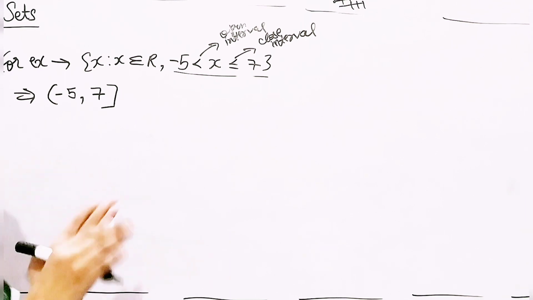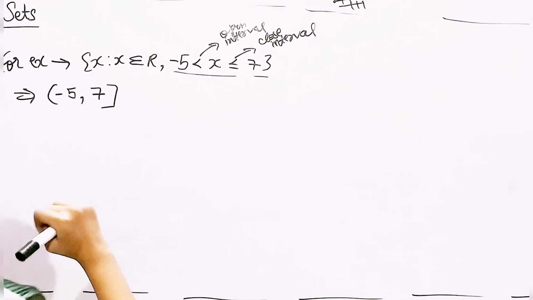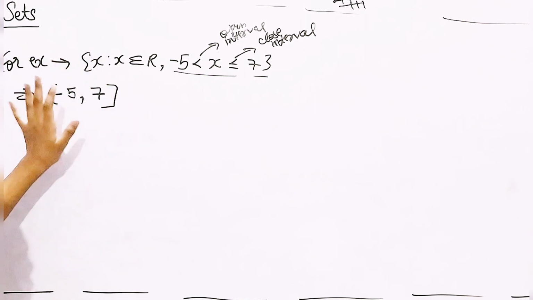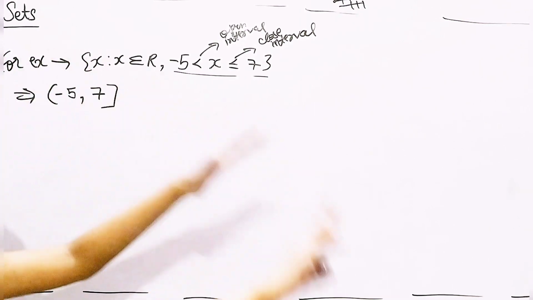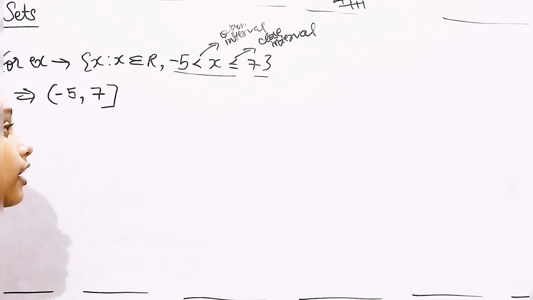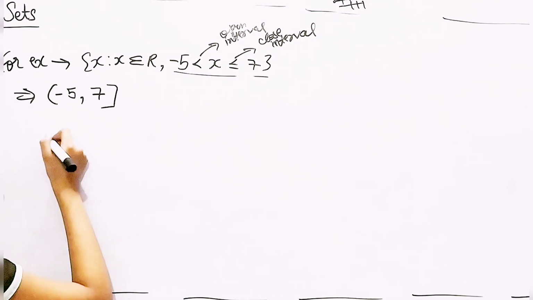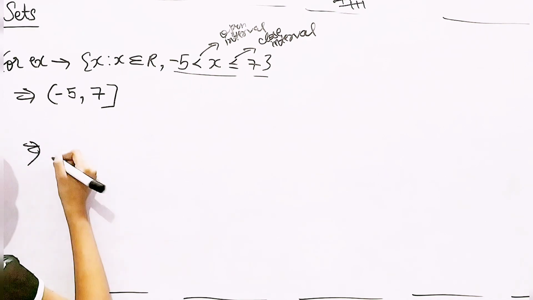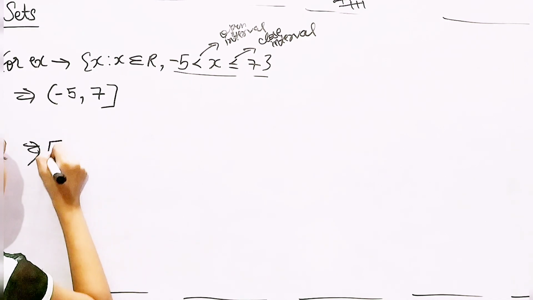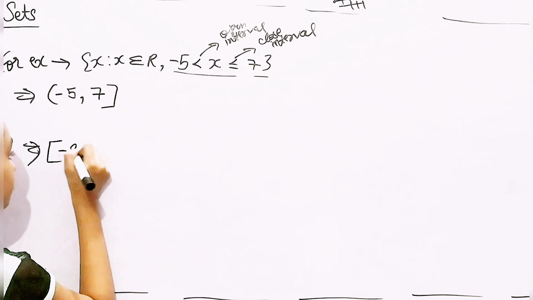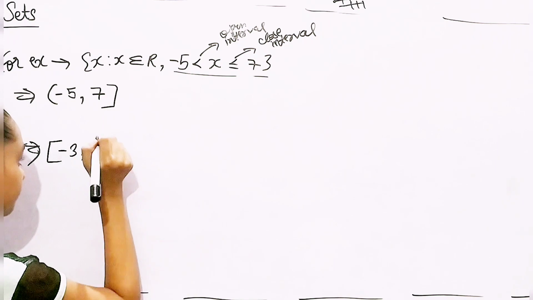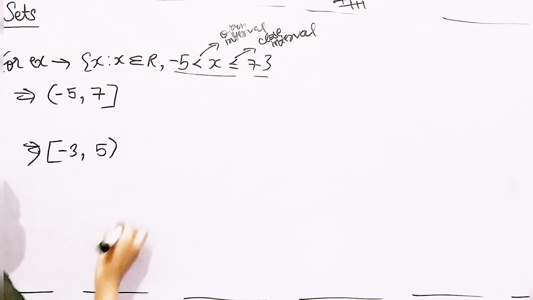What if in the question it's given to us in interval form, and we have to write it in set builder form? For example, we have this form, -3 and +5. What does that mean? This is really simple.